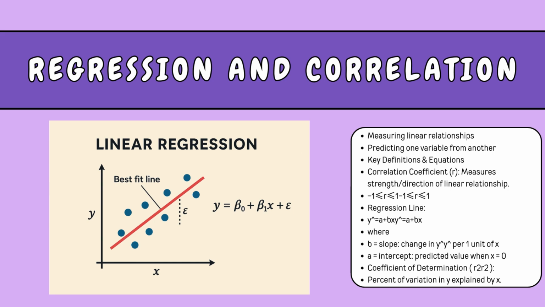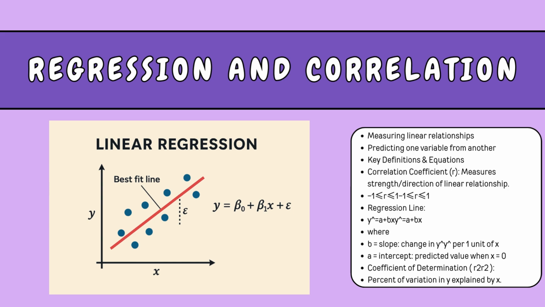So here I have the equation for a regression line. If you have different data points, like on a scatter plot, then that's when you figure out the best fit line, and then that regression line is used with this equation.